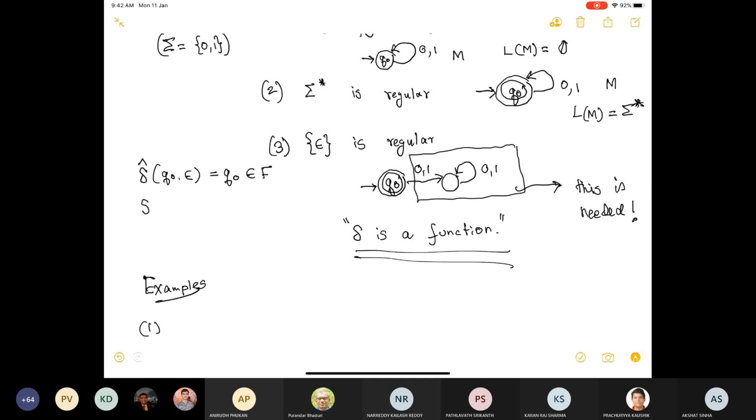And delta hat of q naught and x is q1, which is not in F, for all x not equal to epsilon.